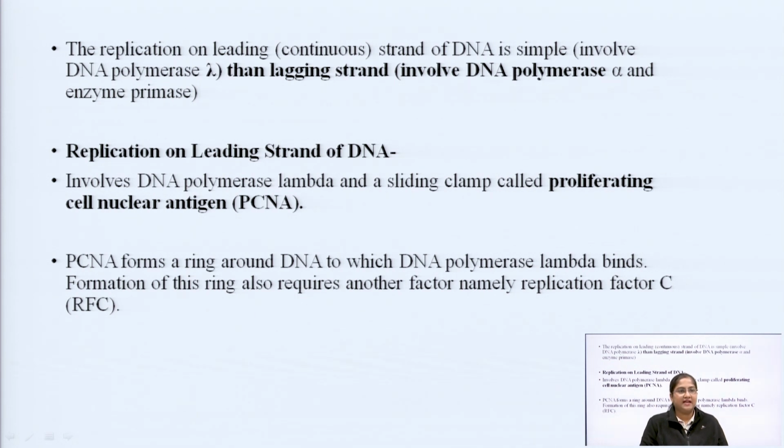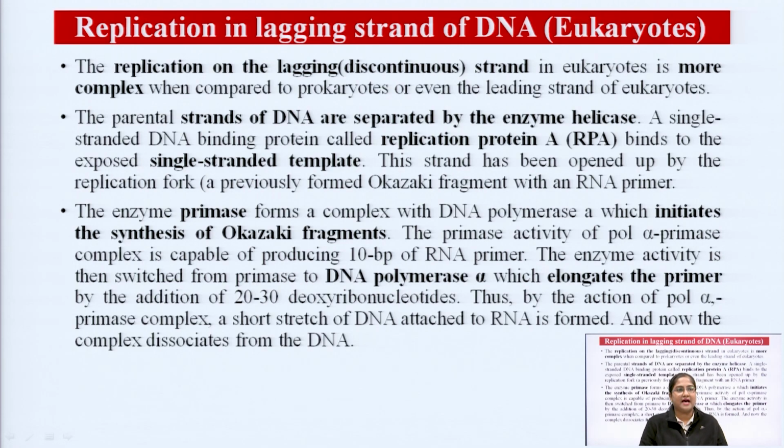In the leading strand, here the DNA polymerase and a sliding clamp called proliferating cell nuclear antigen, PCNA, are used, and PCNA forms a ring around DNA to which the DNA polymerase binds. Formation of the ring also requires another factor, namely replication factor C, that is called RFC.